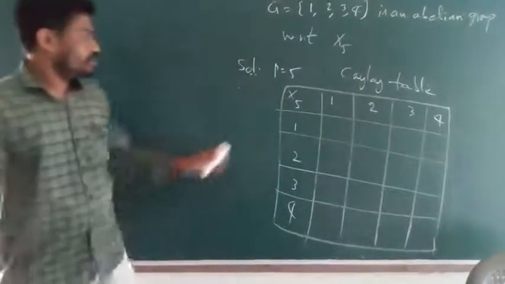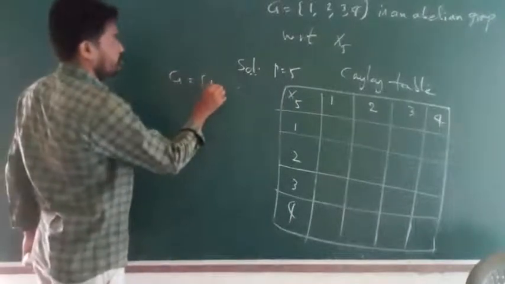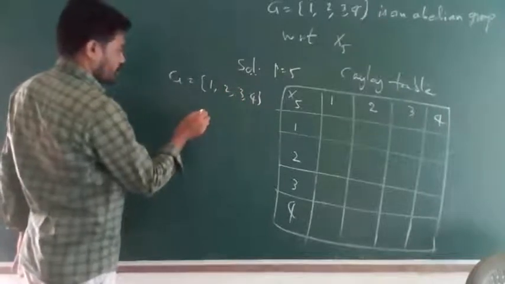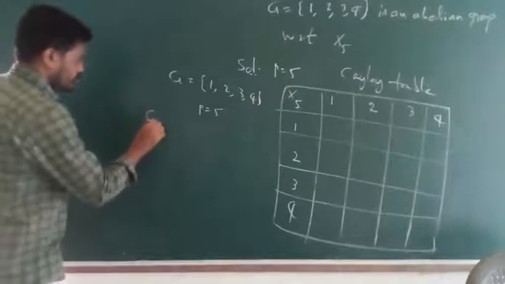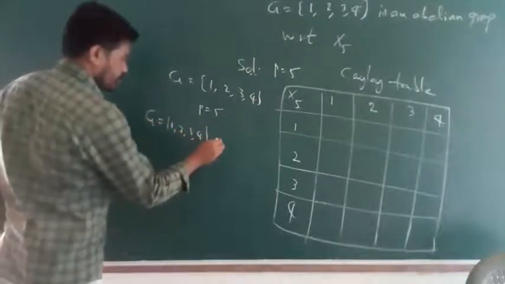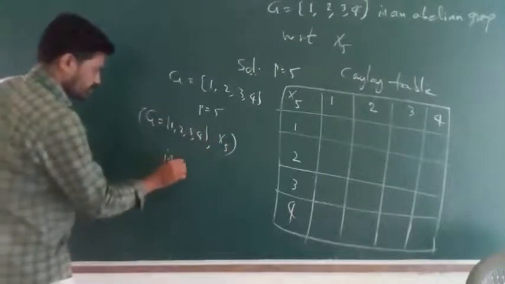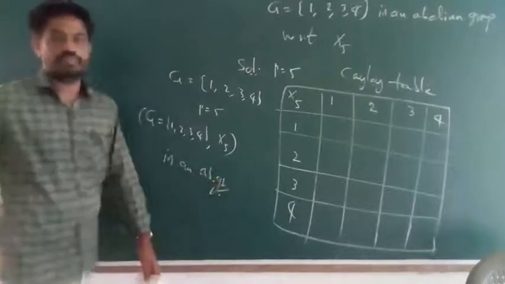G is the given set {1, 2, 3, 4} and p is equal to 5. You can prove that G equal to {1, 2, 3, 4} under the operation cross 5 is an abelian group.